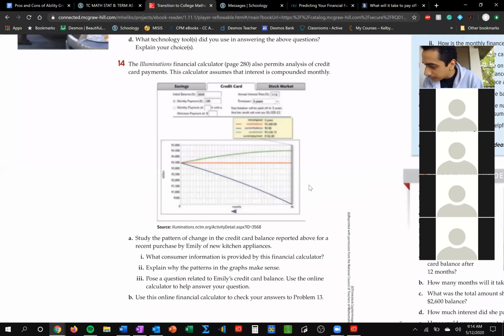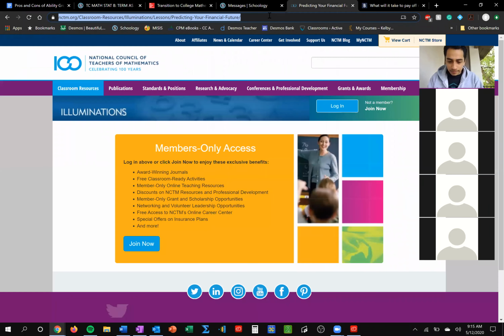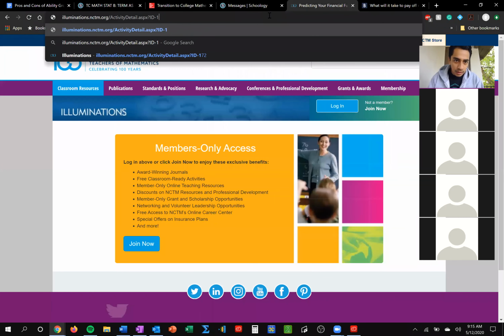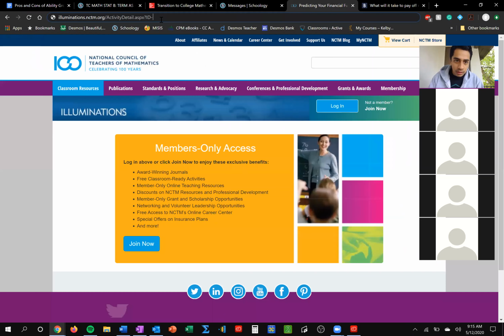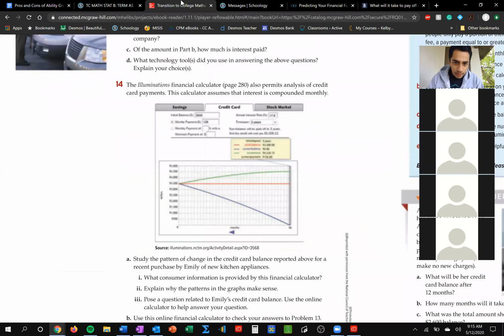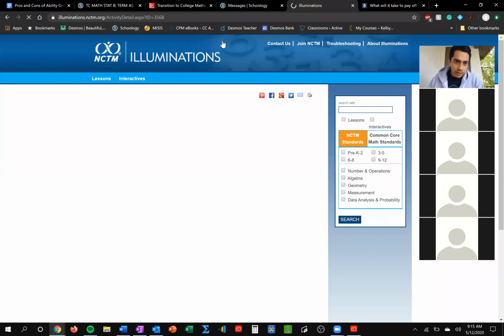It's printed differently in the book. Okay, give me a second. ID equals 3568. Please work this time. Man.